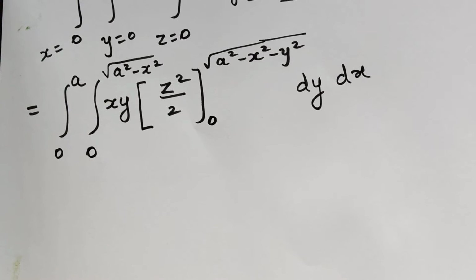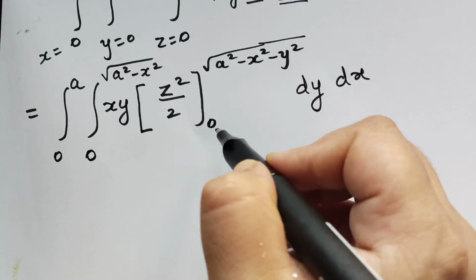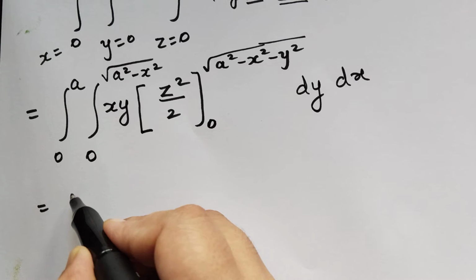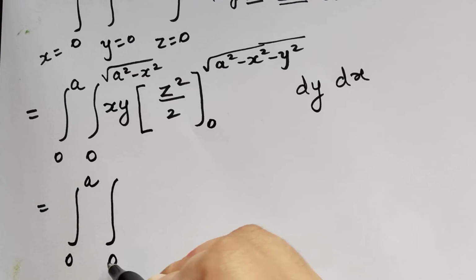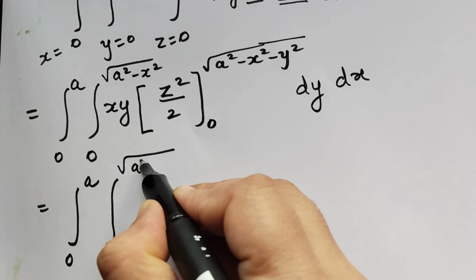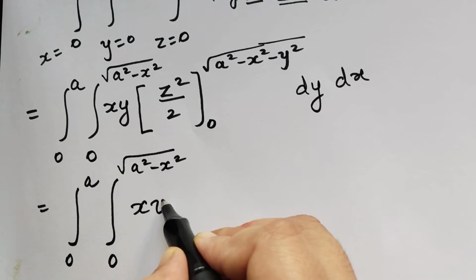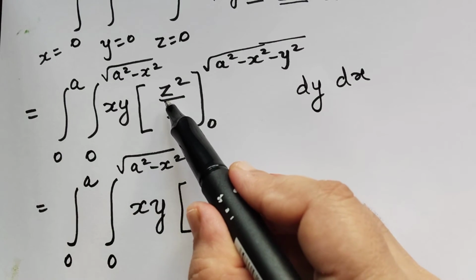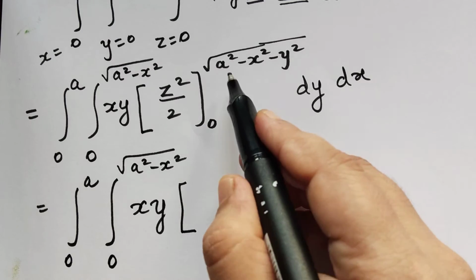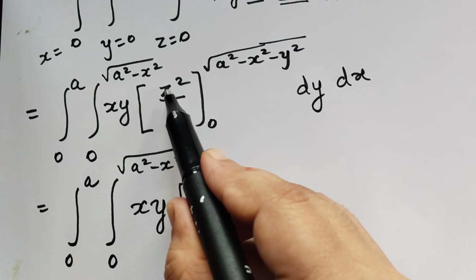Now we shall apply the limits. Since we have integrated with respect to z, at the place of z we have to apply the upper and lower limit. So this will be equal to integral 0 to a, integral 0 to square root of a square minus x square, xy as it is, and when we apply the upper limit, it will be the square root of a square minus x square minus y square, the whole square.